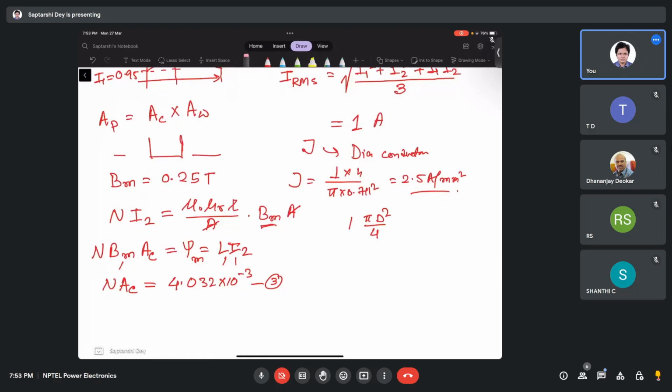So total copper area by window factor kW gives me the area of window, right? So AP, sorry, AP is AW times AC.